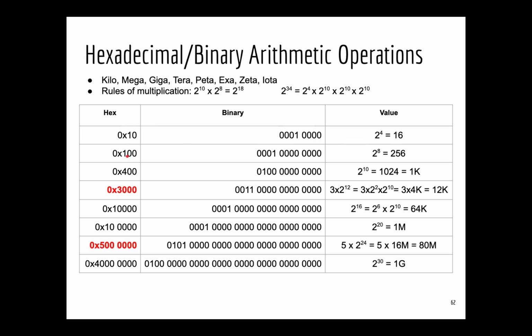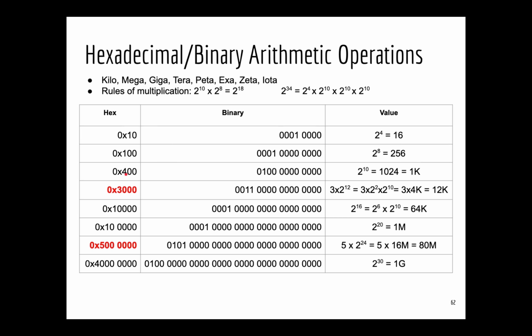In the second example, the number is now hex 100, and if you convert it again to binary, you will see 8 trailing zeros, and that's why this number is equivalent to 2 to the power of 8, which is 256. What if the first number is not a 1? Let's say that number is a 4.